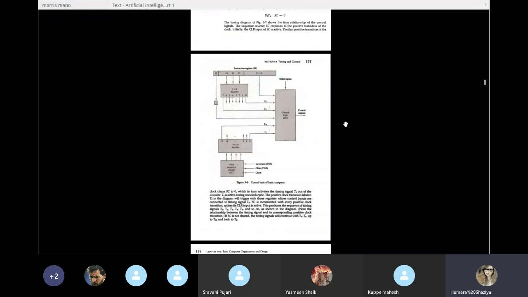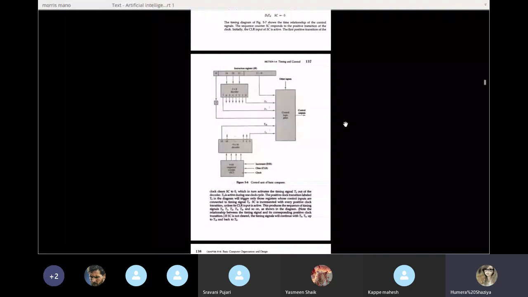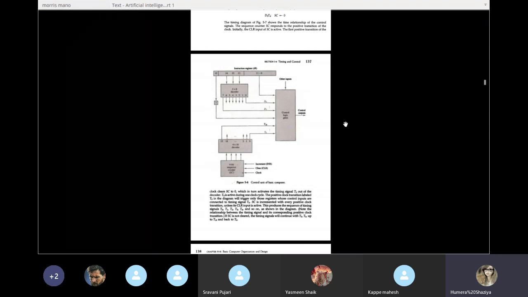Suppose 10 staff members are seated. At 9 o'clock when the first bell rings, out of 10 teachers, only one teacher will get activated. So that timing signal is generated, and then a teacher will get activated and will go to the class.